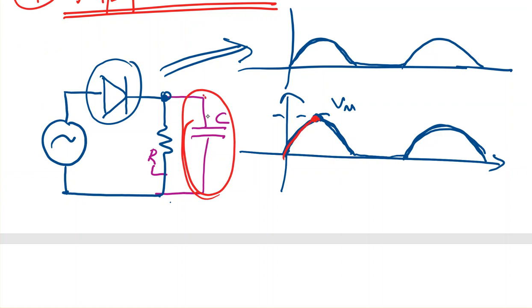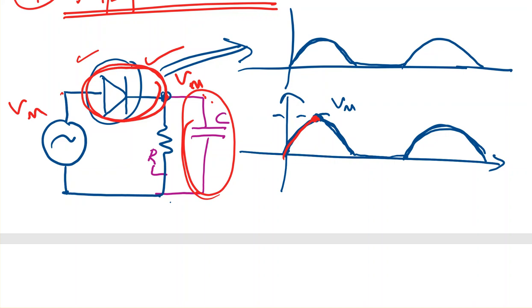Once it reaches the maximum value, the voltage across the diode, between this point and this point, is equal. So if I have Vm here, the voltage will be Vm here. So if this is Vm and this is Vm, the diode is no longer conducting. It's no longer a closed switch. It will be an open switch because the voltage is less than the threshold.